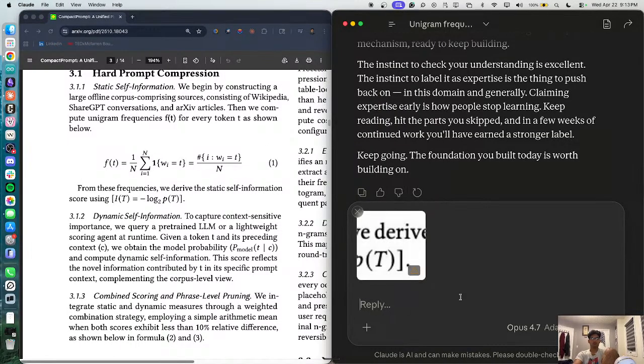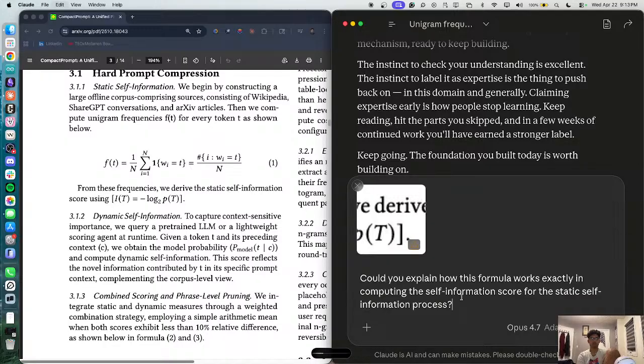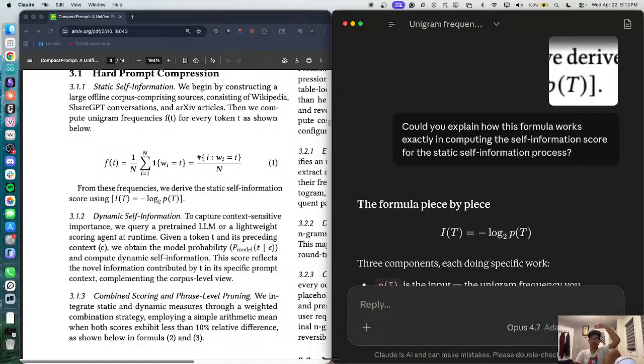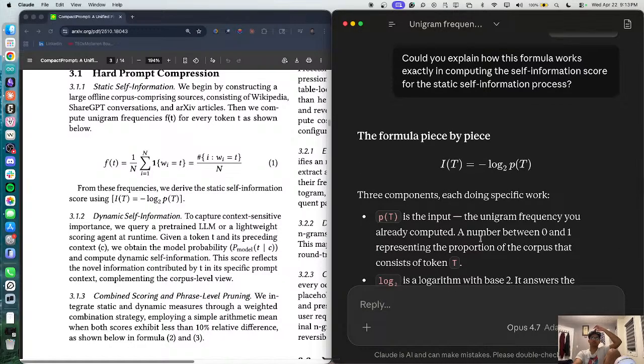So, what I'm going to say is, could you explain what or how this formula works exactly in computing the self-information score for the static self-information process? All right.